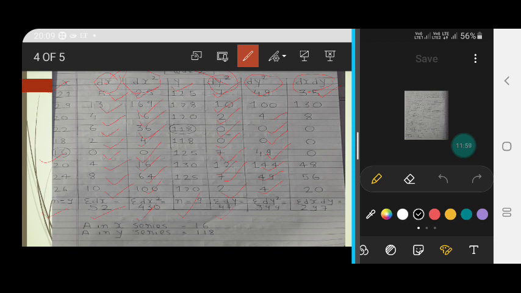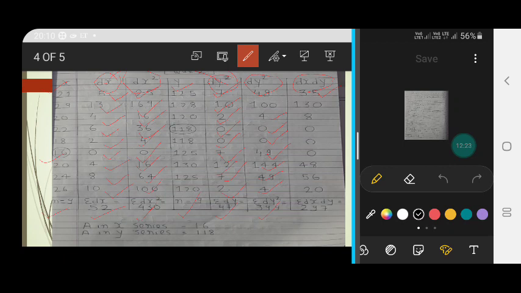Okay. Then we have the dy square column. Under the dy square column again we have to make the total of all these values. That is 49 plus 100 plus 4 plus 0 plus 0 plus 49 plus 144 plus 49 plus 4. So we are going to get 399 as total. So we will say summation dy square equals 399. Then we have summation dx dy.